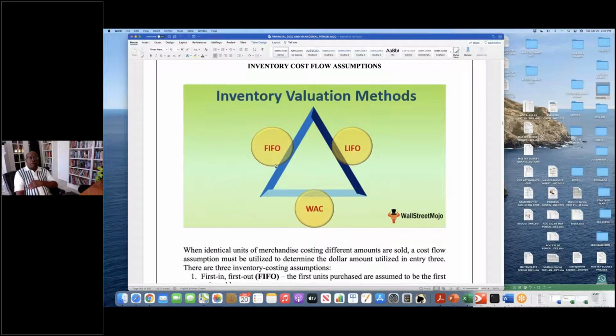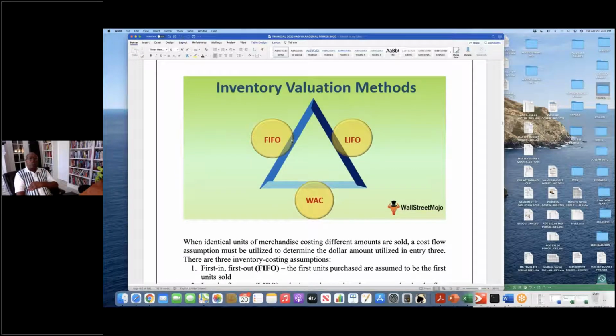FIFO basically says it's first in, first out. The first items we buy are the first ones we sell. LIFO will be the last ones. Weighted average will be an average. So we'll cover LIFO after the quiz on Thursday, and we'll cover weighted average on Monday.